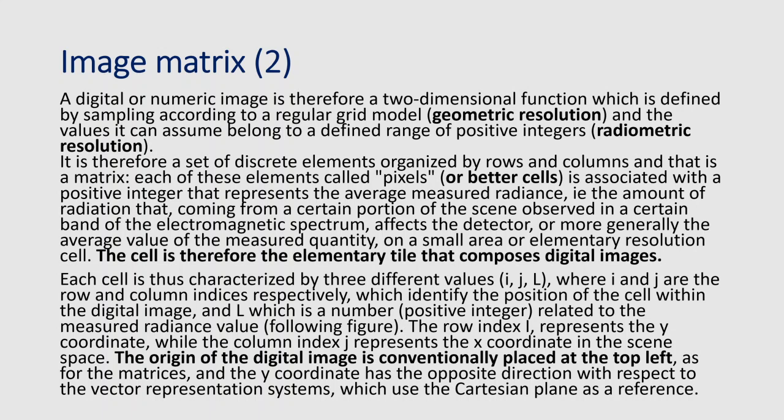The row index I represents the y coordinate, while the column index J represents the x coordinate of the scene space. So we all know since the first lab that the origin of the digital image is conventionally placed at the top left, as for matrices, and the y-coordinate has the opposite direction with respect to the vector representation systems, which use the Cartesian plane as a reference.